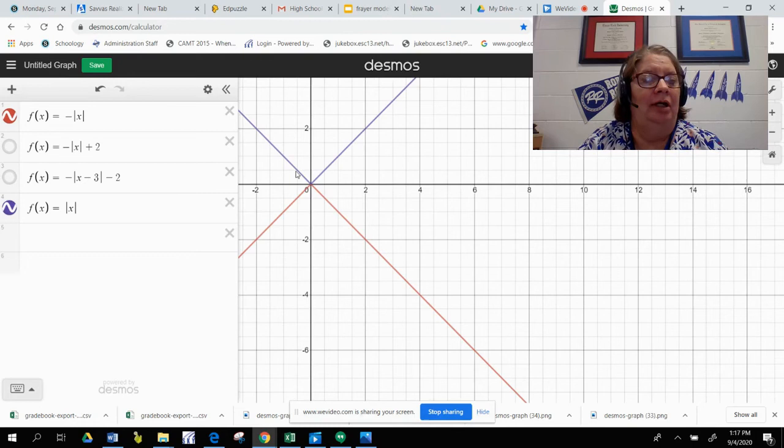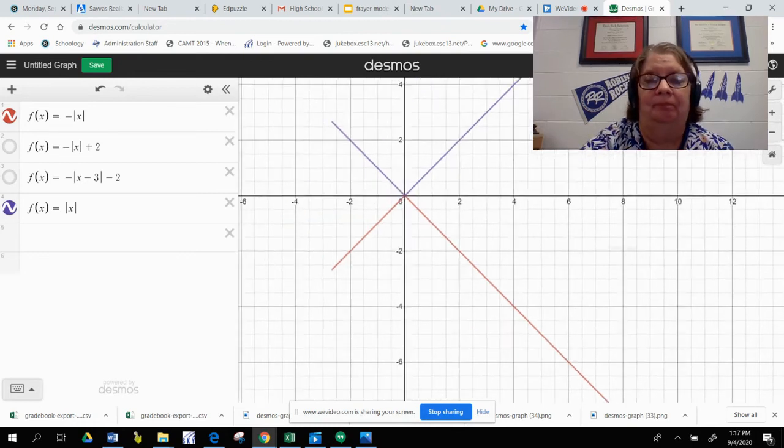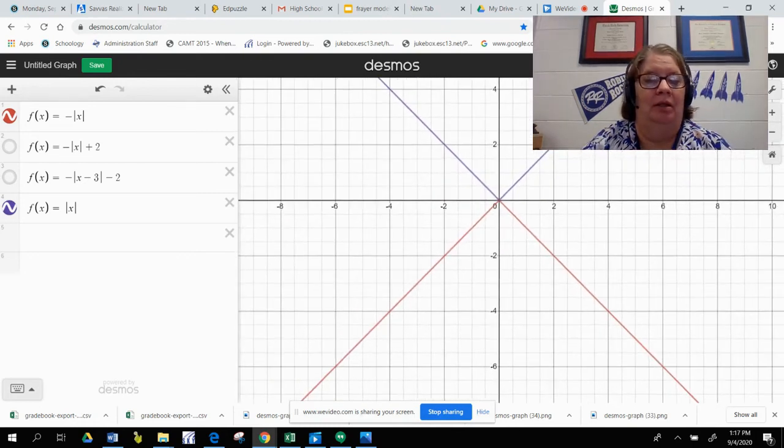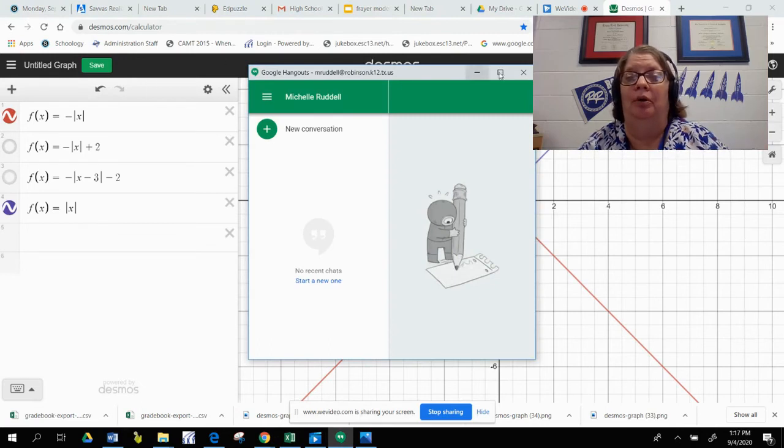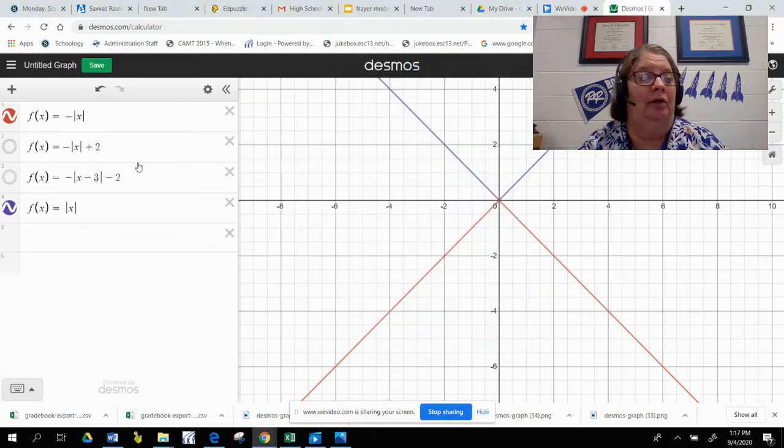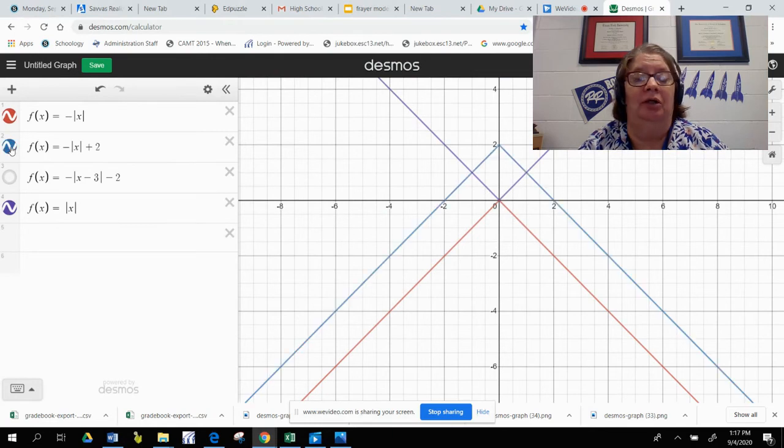Okay? Now, we can also do these other transformations. So this one, I'm going to turn it back on, is negative absolute value of x plus 2. The plus 2 is on the outside, so that moves it 2 up. Here we go. Turn that on.